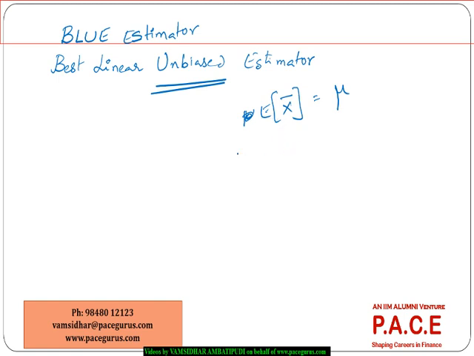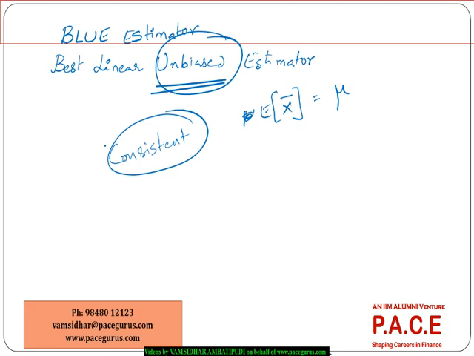Now there could be many unbiased estimators for a particular parameter. So in that case, what is the best way for me to identify which is much better? It has to be more and more consistent. Just by changing the observations or the values, it should not happen that my parameter value is varying quite drastically. So it should be more and more consistent, which means the variability in the value should be much lower.